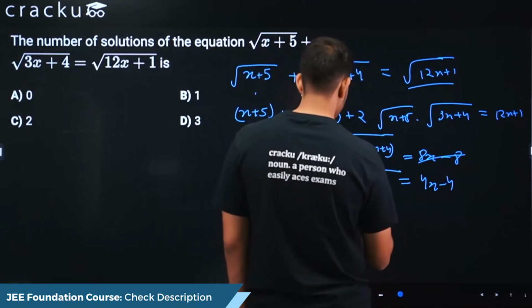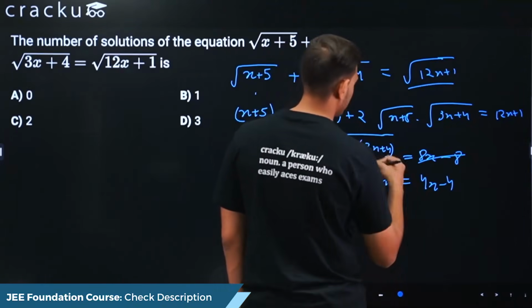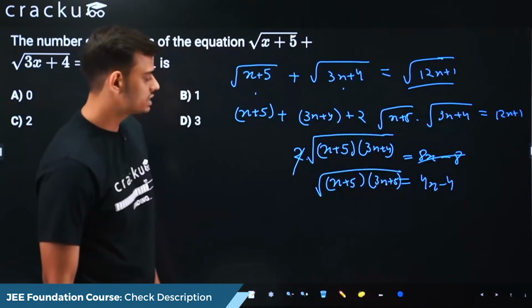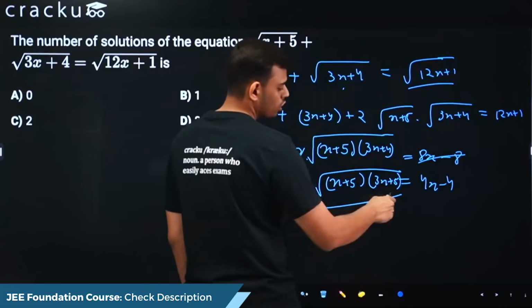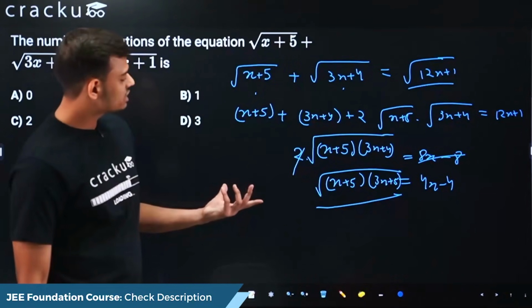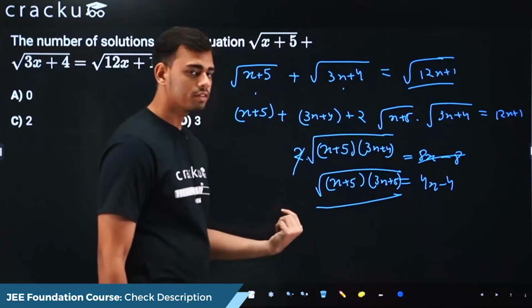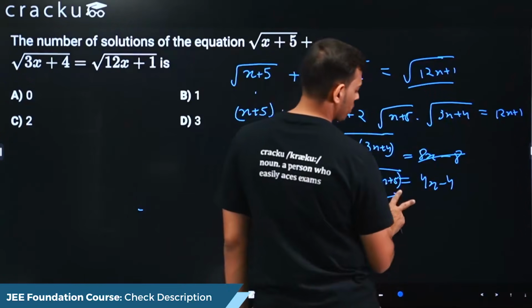Now, we need to pay attention to something very important here. The thing is that this is a square root of some real number. If it is the square root of some real number, then it should be non-negative.